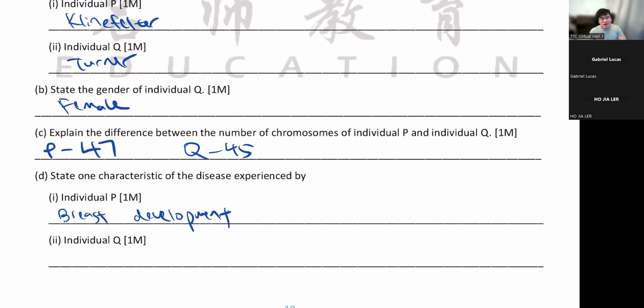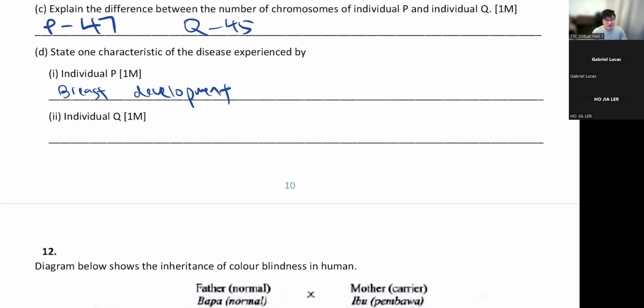Chest is your whole thing developing, breast is near your nipple, because your nipple is where all your female receptors are. You will get swollen there. So what about your Q? You can say mentally retarded. Both are sterile. Both you cannot make babies.